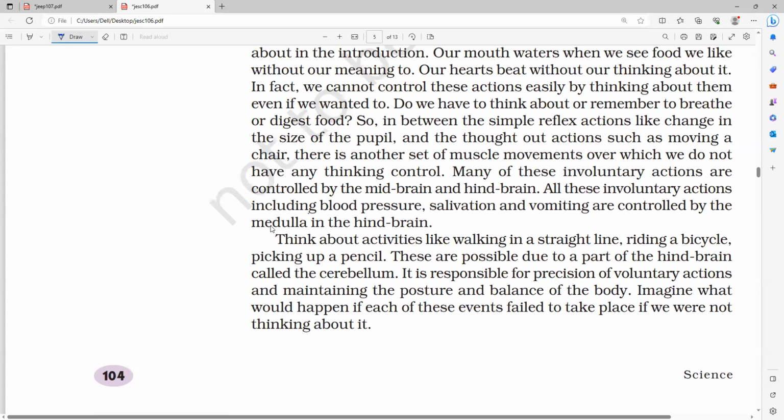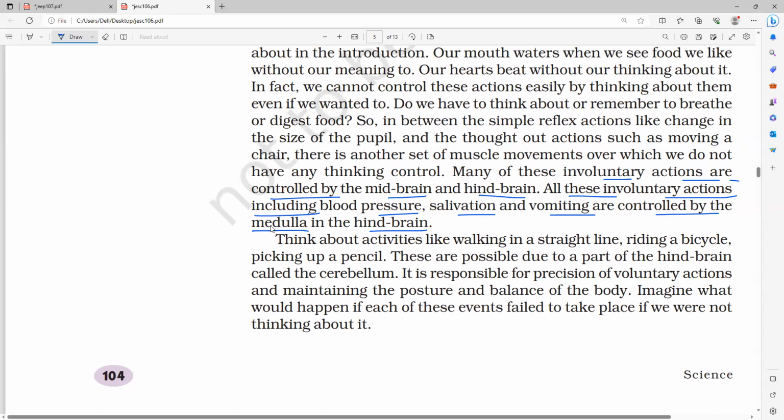You can see that. All these involuntary actions, including the blood pressure, salivation, vomiting, are controlled by the medulla in the hindbrain. What else? Many of these involuntary actions are controlled by the midbrain and hindbrain. All these involuntary actions. See here, there is a brain reflex arc.